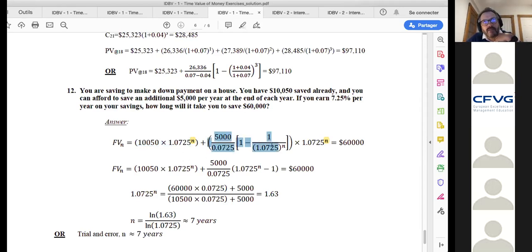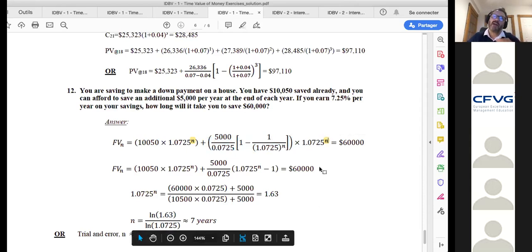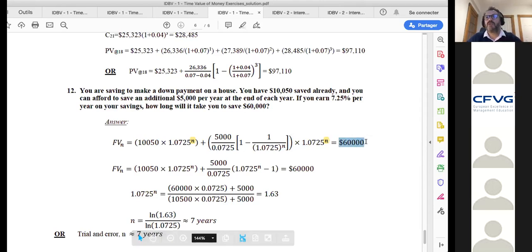And on the other hand, we have a constant annuity of 5,000 every year, for a number of years we do not know. And since it's a future value, we have to capitalize it as well. What we know is that at the end of the day, it needs to be equal to 60,000. This is what we need to reach.